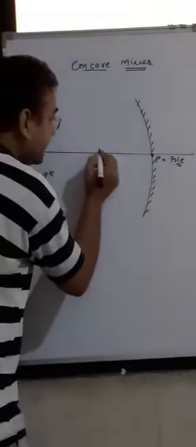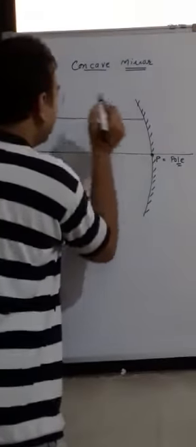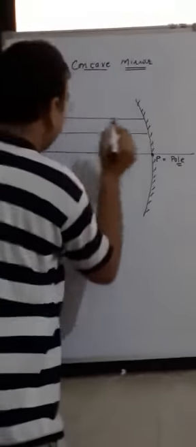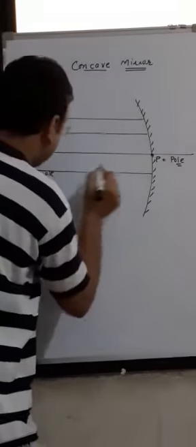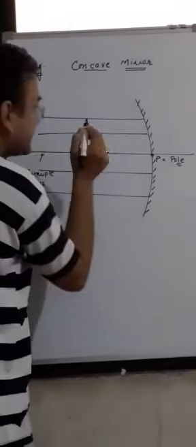Here, suppose parallel light is incident on the surface. It's going to be like this.